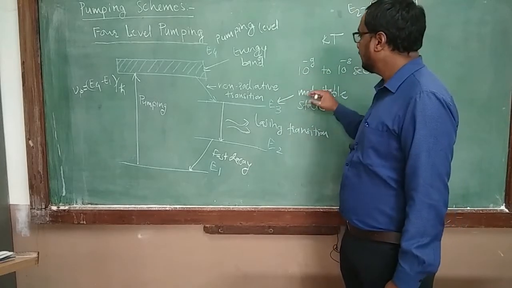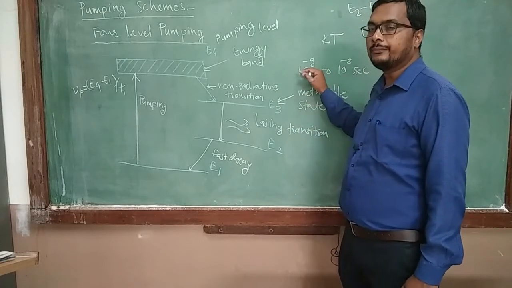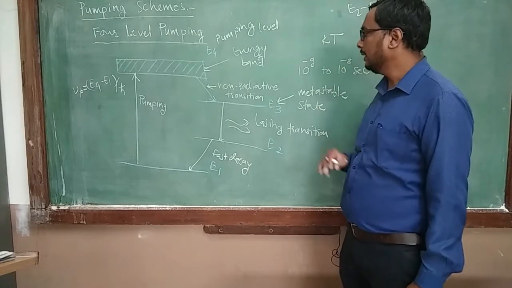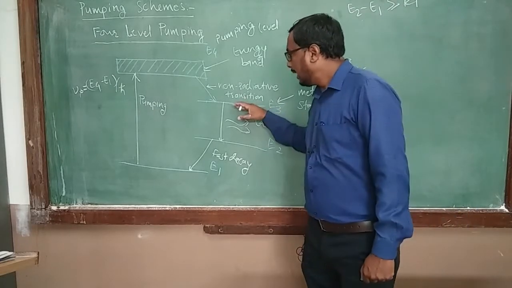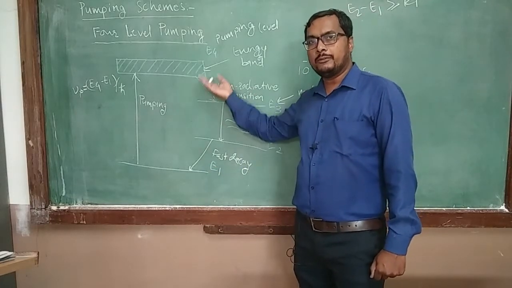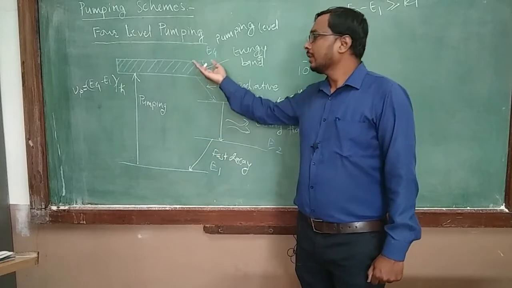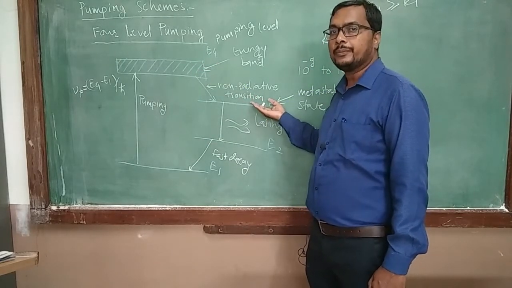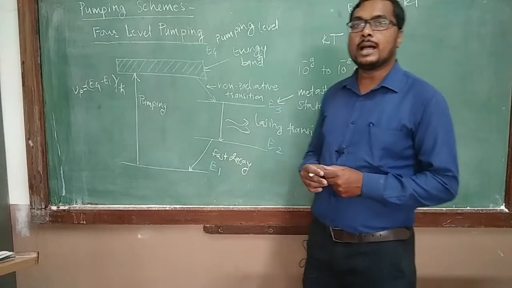We know that metastable states have a lifetime of the order of 10 raised to minus 9 to 10 raised to minus 8 second, and therefore, with very few atoms lifted from the ground state, the atoms are available at the level E3, and population inversion will be achieved.